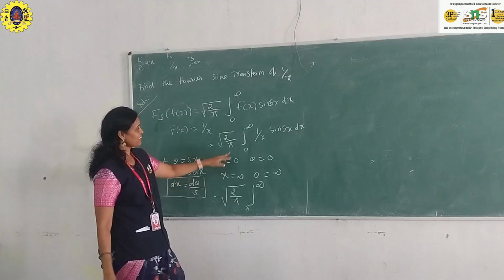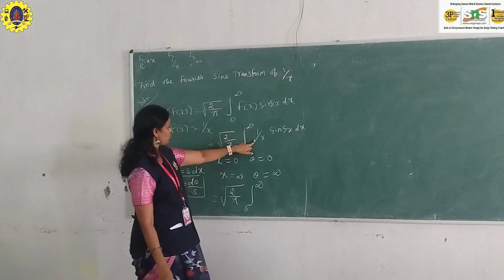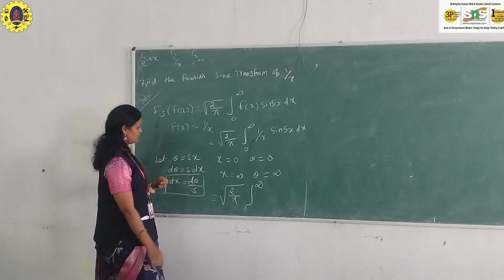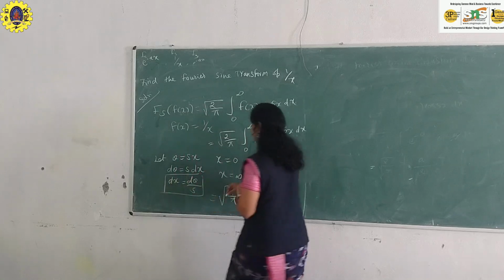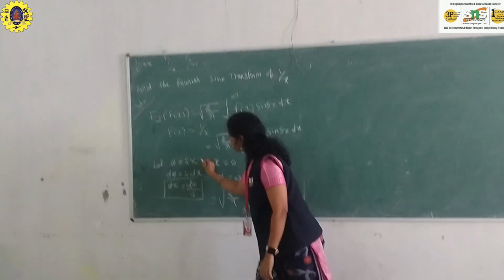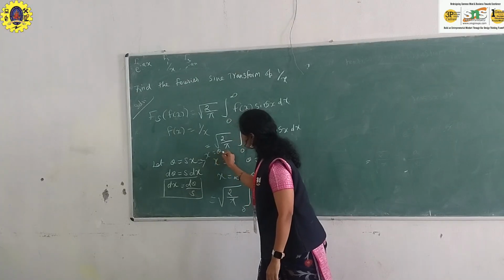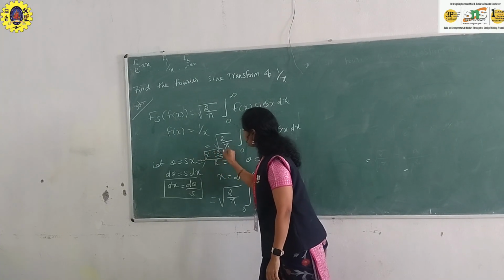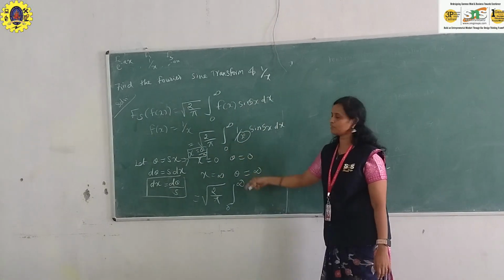Root 2 divided by pi integral 0 to infinity. So 1 by x is nothing but, this x here is nothing but theta divided by s. So instead of x, substitute theta divided by s.